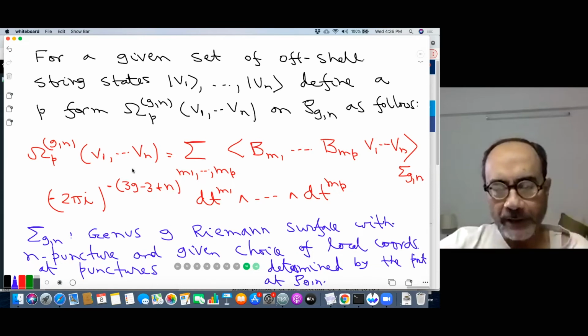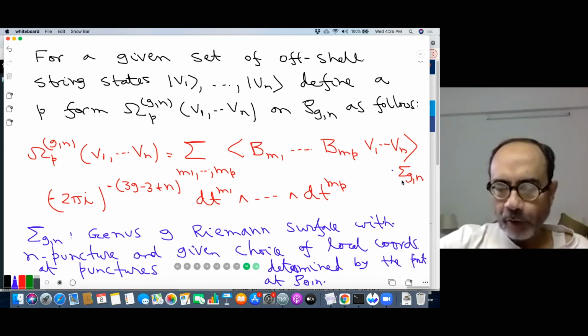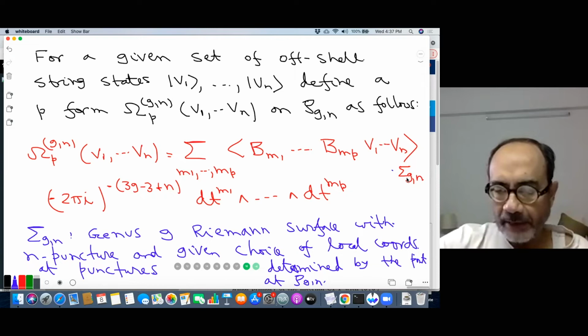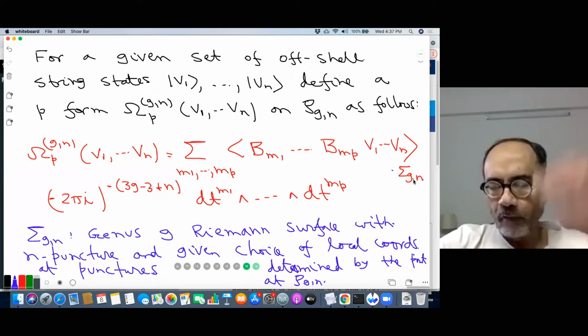The point at which you are computing the form, that information is in sigma_{g,n}. Sigma_{g,n} is a Riemann surface corresponding to a particular moduli. That information is certainly there in P_{g,n}, but it also comes with its own choice of local coordinate system at the punctures, because P_{g,n} contains that information as well. As you go vertically up in P_{g,n}, you will change the local coordinate system.